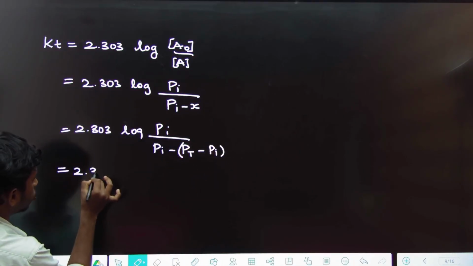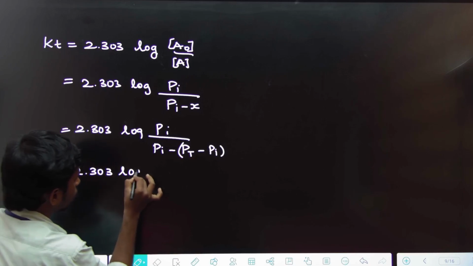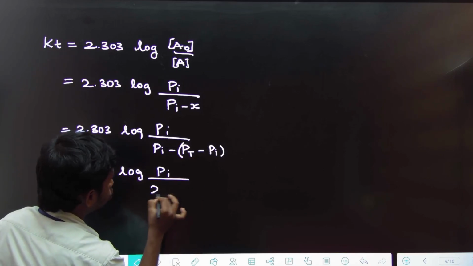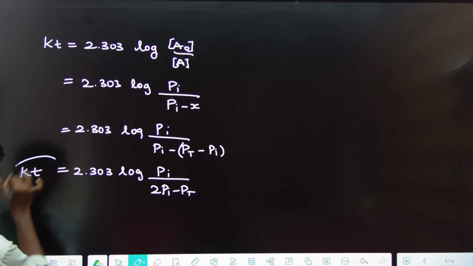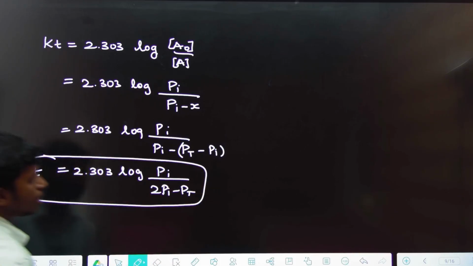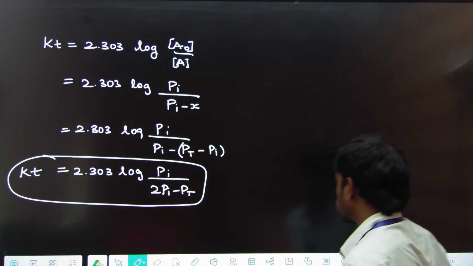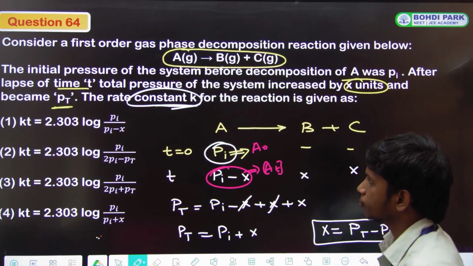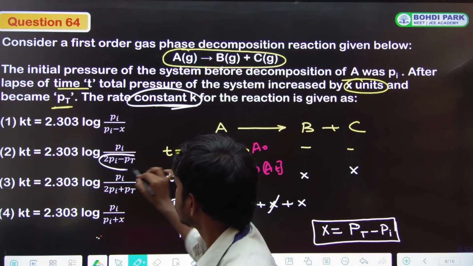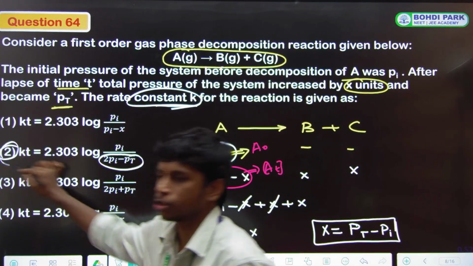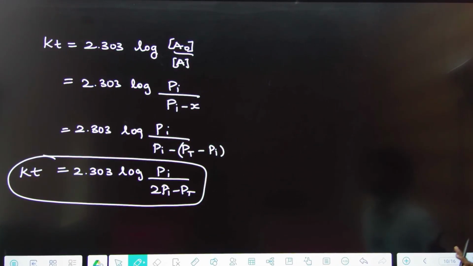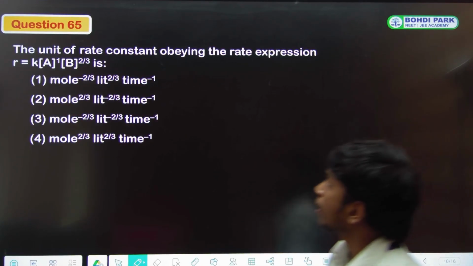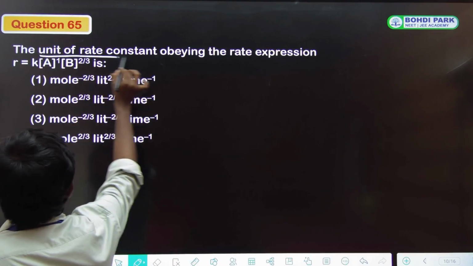So I can get 2.303 log of PI by 2 PI minus PT. This will be my formula for kt. Option 2-ல correct formula. So is it right? Check பண்ணுவோம். 2 PI minus PT. Only one formula மட்டும் தான் இருக்கு. So option 2 is our correct answer. Then the fifth question is the unit of rate constant.